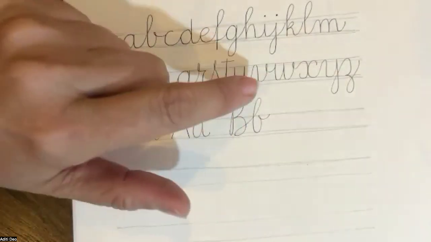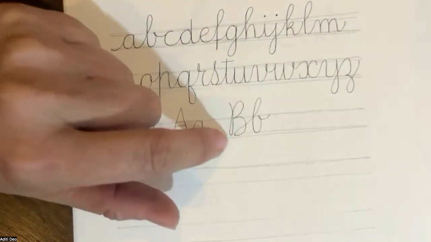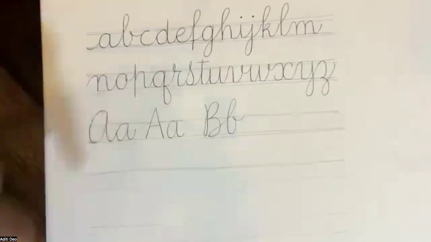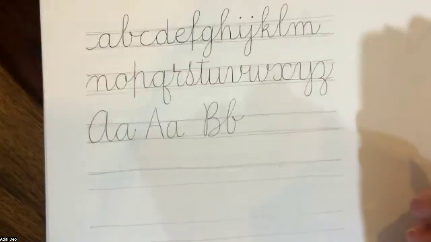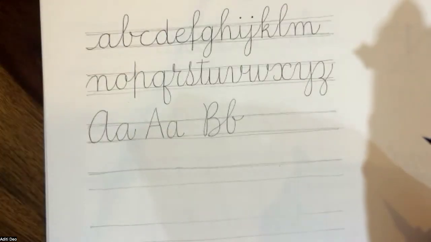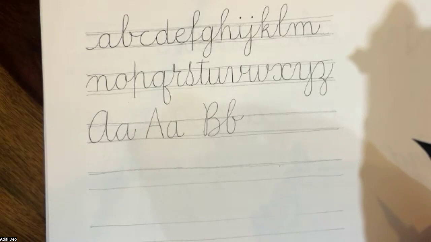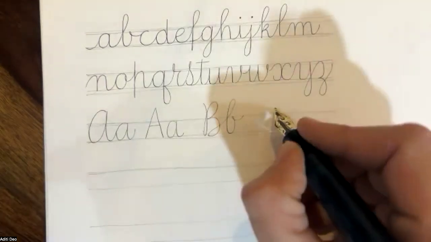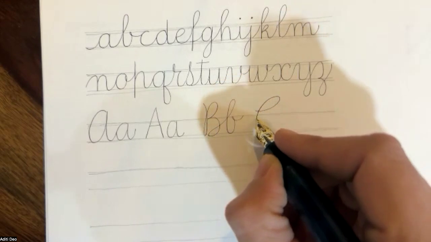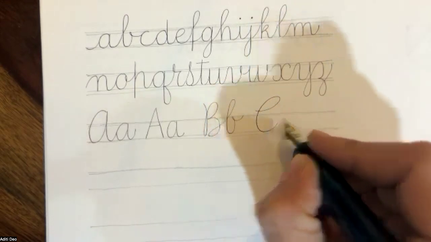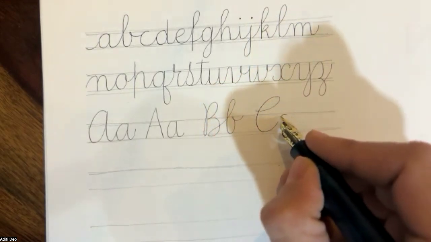If you want to, you can join it, or you can just leave the main B like this and not join it. That's also fine. Then the C is like this, and that can join your C.